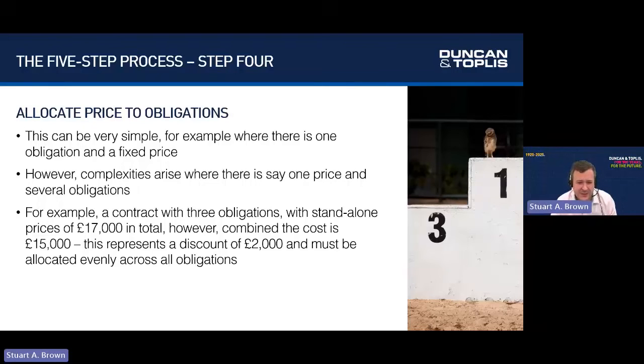However, the combined cost has a discount embedded in it because the total would be £15,000. What you need to do in that case is to allocate that discount evenly over the 3 obligations. It's a very high level example of what this means.